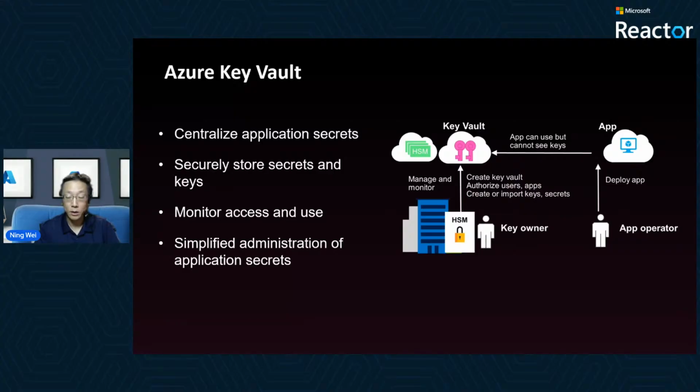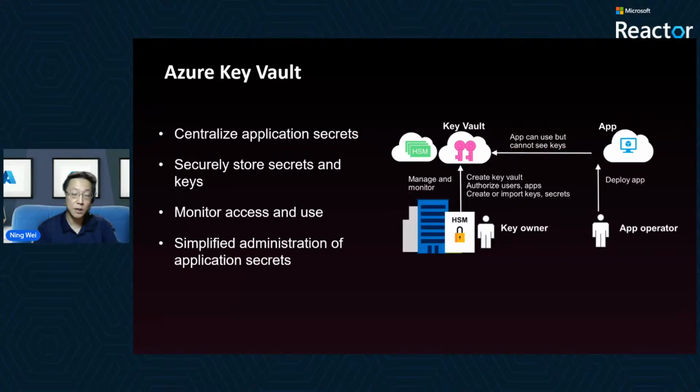For example, if you choose the lower tier of Key Vault, those keys are stored in the virtual machine, basically, but in that case, that information is encrypted. Now the master key is stored in the HSM. So basically the keys and the secrets are either directly or indirectly protected by the HSM, right?